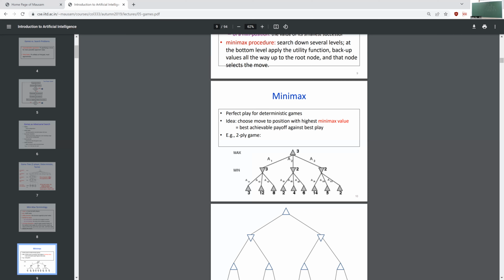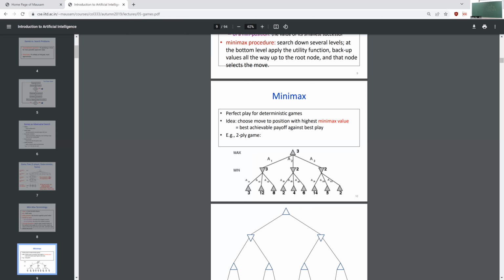Make sense? So up triangle means max, and downwards means it's min. Right. Perfect. So the edges in the tree represent what actions have been applied in the game.